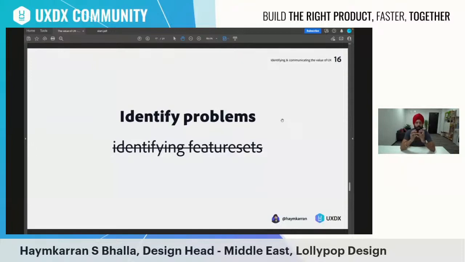The core focus throughout, whether it is benchmarking through user research features, or benchmarking through KPIs, or understanding certain focus areas to identify certain problems, should be identifying problems and not feature sets. Do not get into a deep dive wherein you're just documenting feature sets for a product. Make sure that you go back to the business and document core problems to solve. That will be the most valuable for the company.